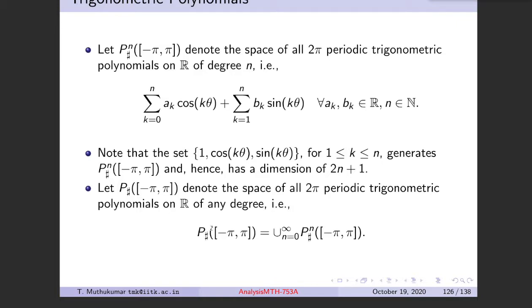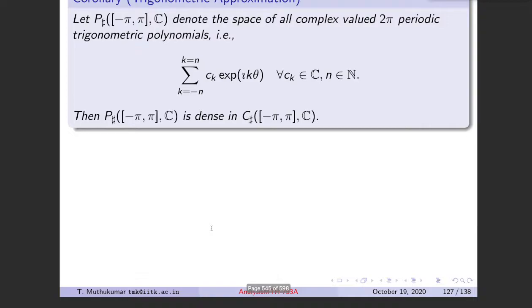From the Stone-Weierstrass theorem, the complex version that we already proved, as a corollary we can prove the density of the complex valued 2π periodic trigonometric polynomials in the 2π periodic complex valued continuous functions.